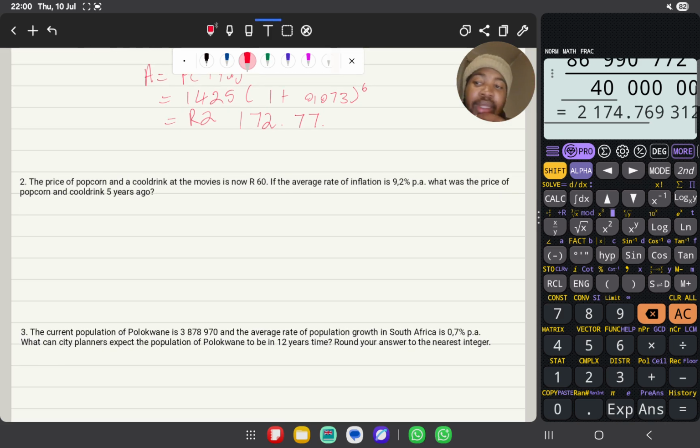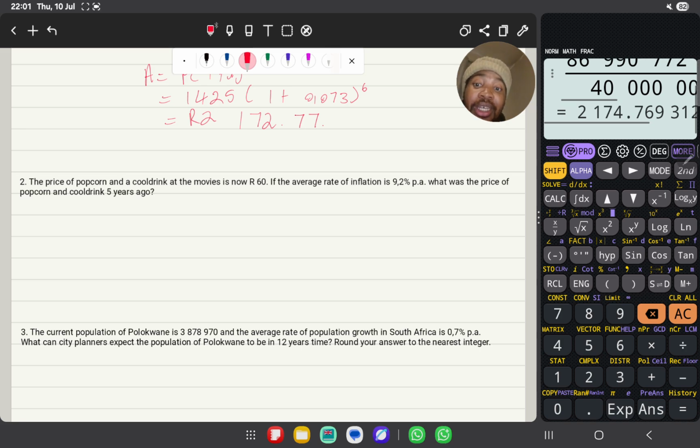We get another one. The price of popcorn and cool drink at the movies is now 60 rand. If the average rate of inflation is this, what was the price of popcorn and cool drink 5 years ago? Now, what are we looking for?